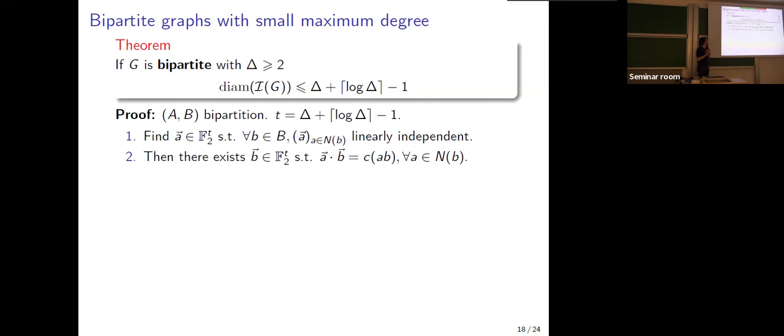So the space of solutions is an affine space of dimension t minus the number of constraints, and so it's non-empty. You will find the vector you want for this vertex. So we need to find vectors for A such that every vertex in B sees only linearly independent vectors.